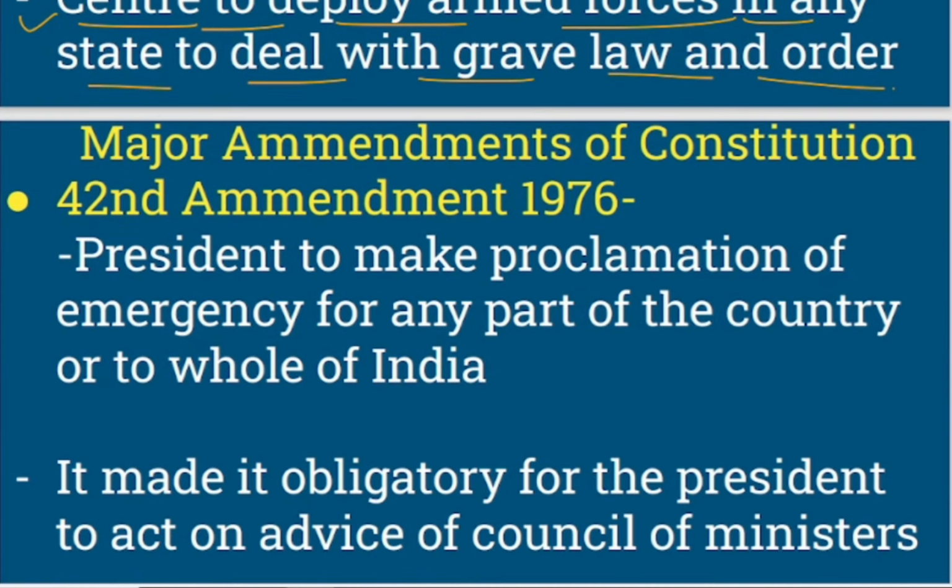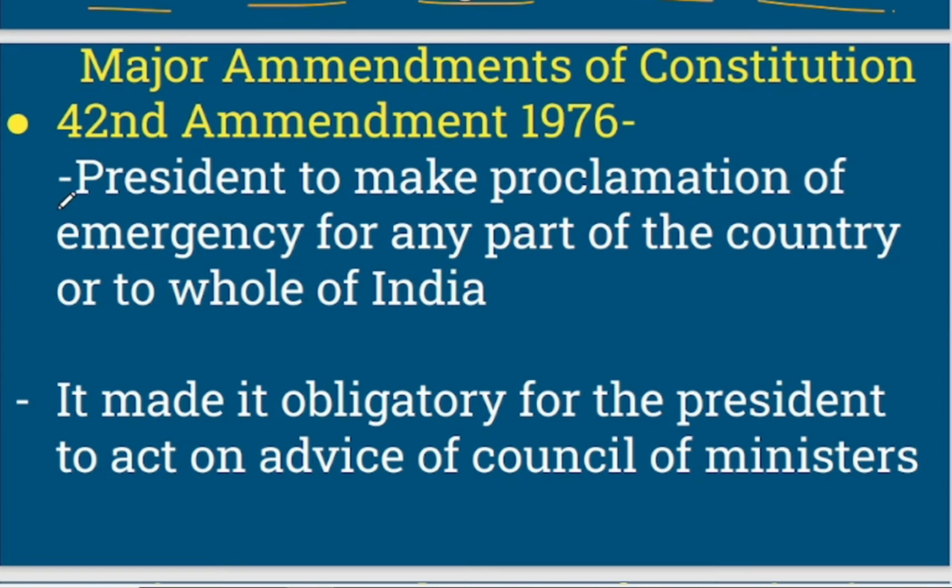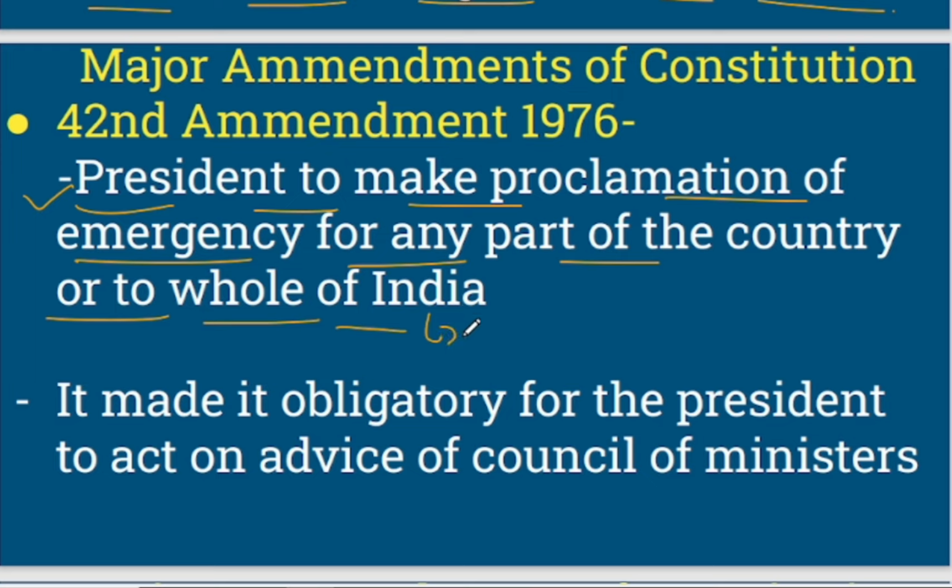Now this is a very important point. It says that the president can make a proclamation of emergency for any part of the country or for the whole of India, and through this act this proclamation of emergency was made immune from judicial scrutiny. Judicial scrutiny, very important.